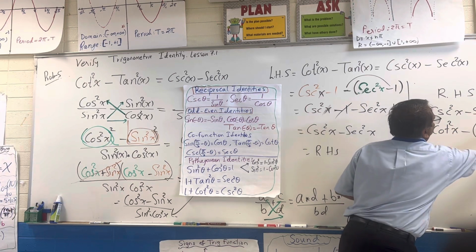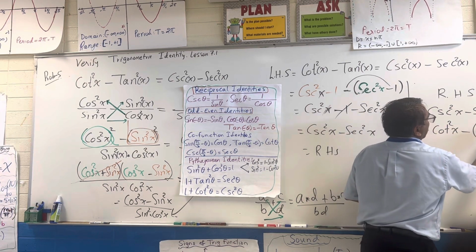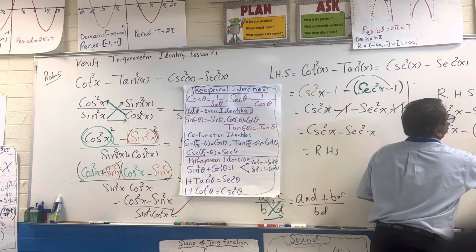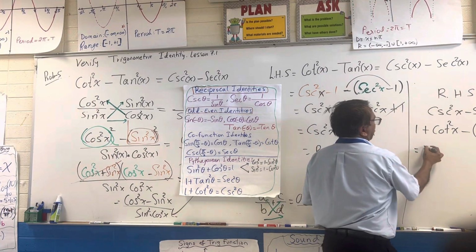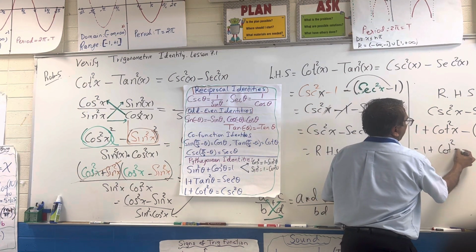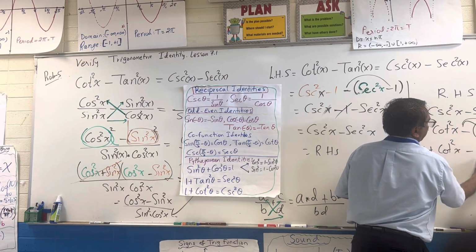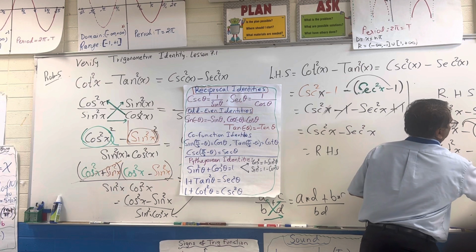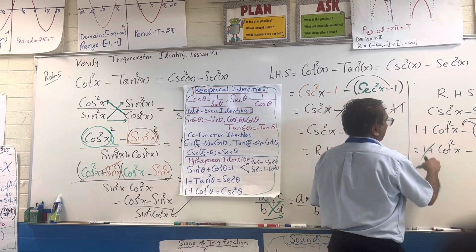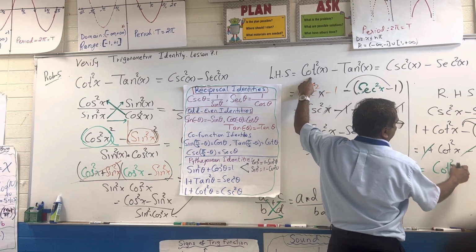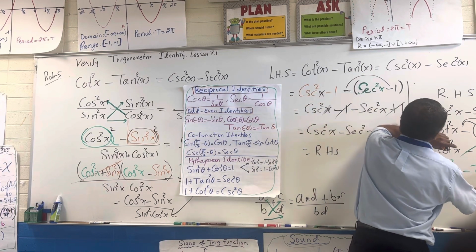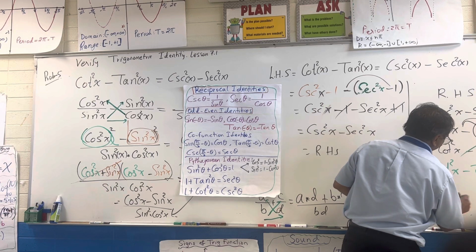And secant square is 1 plus tan square of x. So this will be 1 plus cot square. See? So this crosses off and you get cot square minus tan square, which is the left hand side.